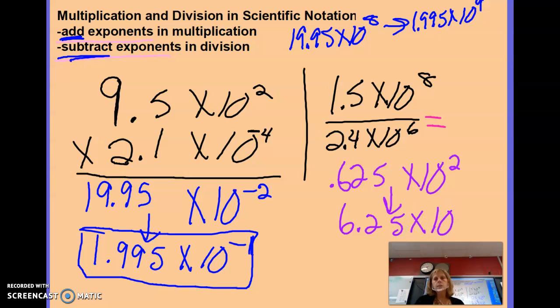So think about this. I made this number larger, 0.625, converting it to 6.25. So this exponent has to get smaller. And I only made it larger by moving the decimal one place, so I'm changing my exponent only one place.